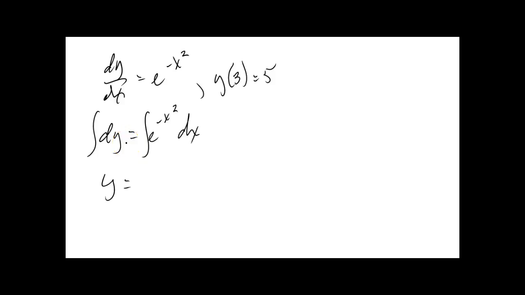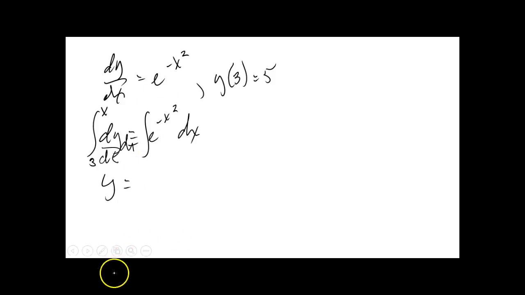Over here, we're going to do dy dt dt, and we're going to run that variable t from 3 to x. So that will give you y as a function of x. Now, we'll come back and do that in a minute.